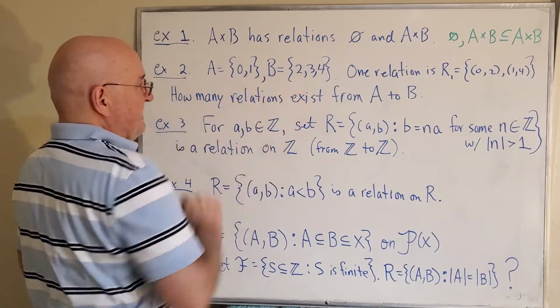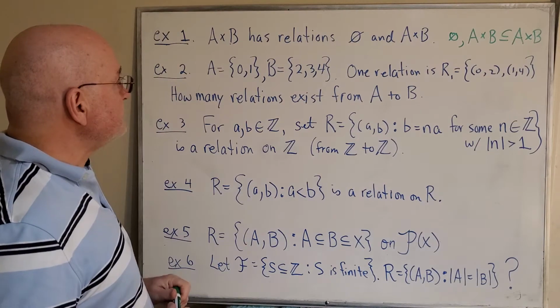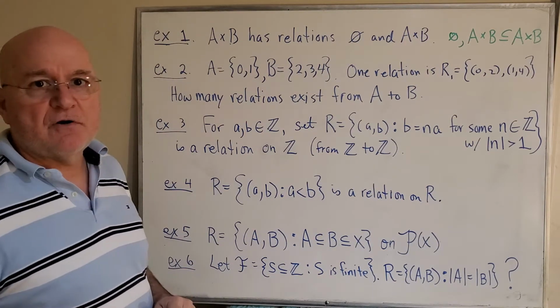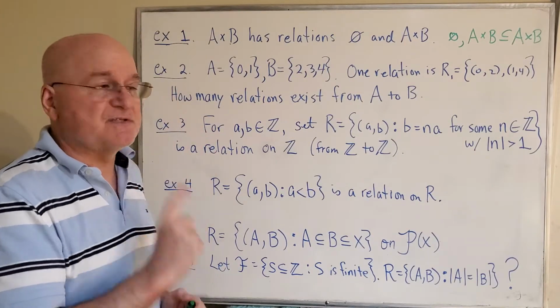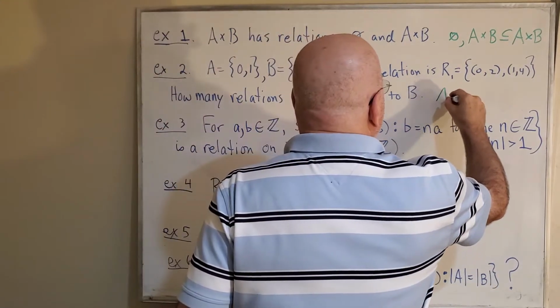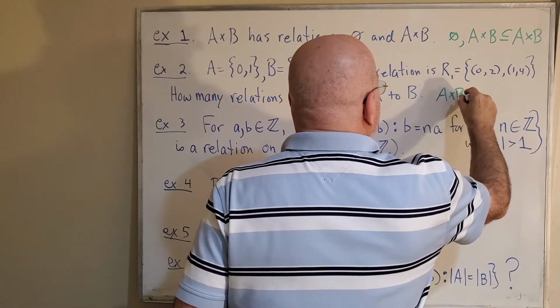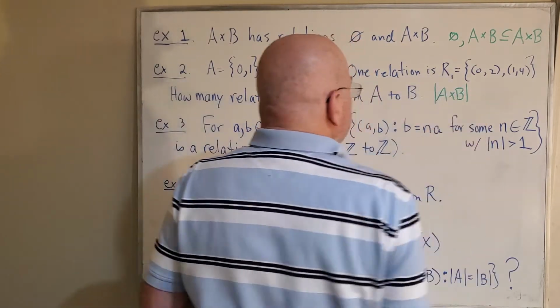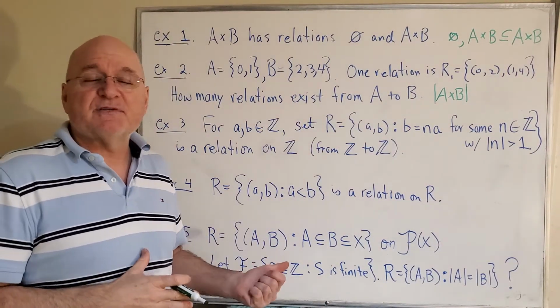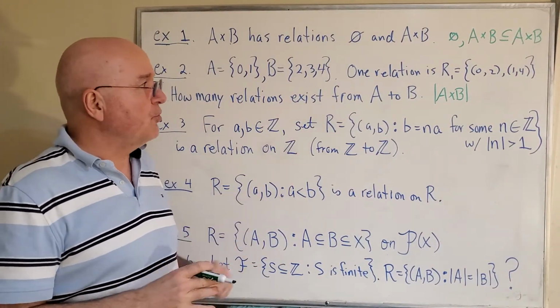So how many relations would there be from A to B? Well, how many subsets are there? How many elements are in A cross B? Remember that those vertical bars mean how many elements are in that set, in this set of ordered pairs.